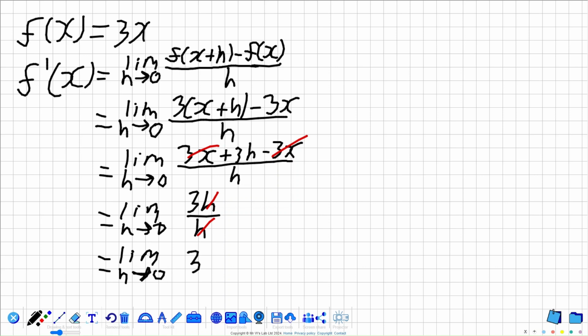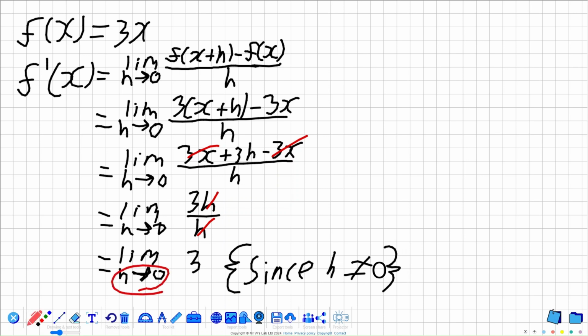And it's worth stating that we need to say here, since h doesn't equal 0, because looking at the background of it, we can see that h approaches 0. So h doesn't equal 0 exactly, but it approaches it. Because if h was to equal 0, then we wouldn't be getting the same values. And then we can just evaluate this as equaling 3, as simple as that.